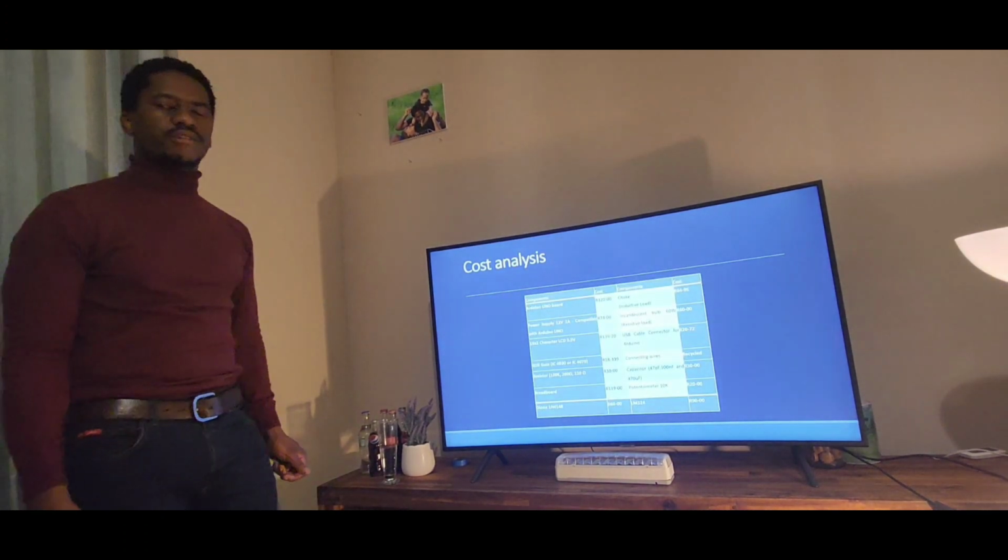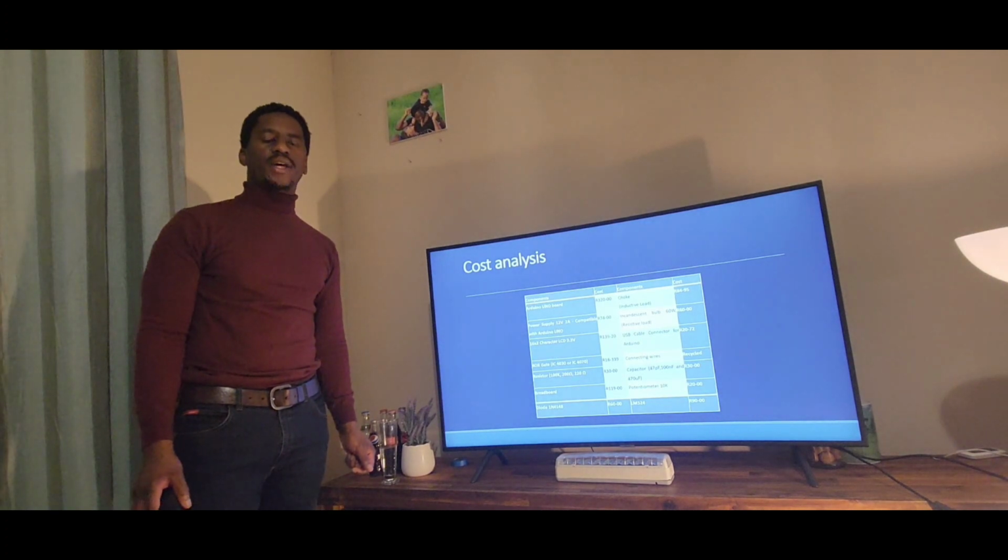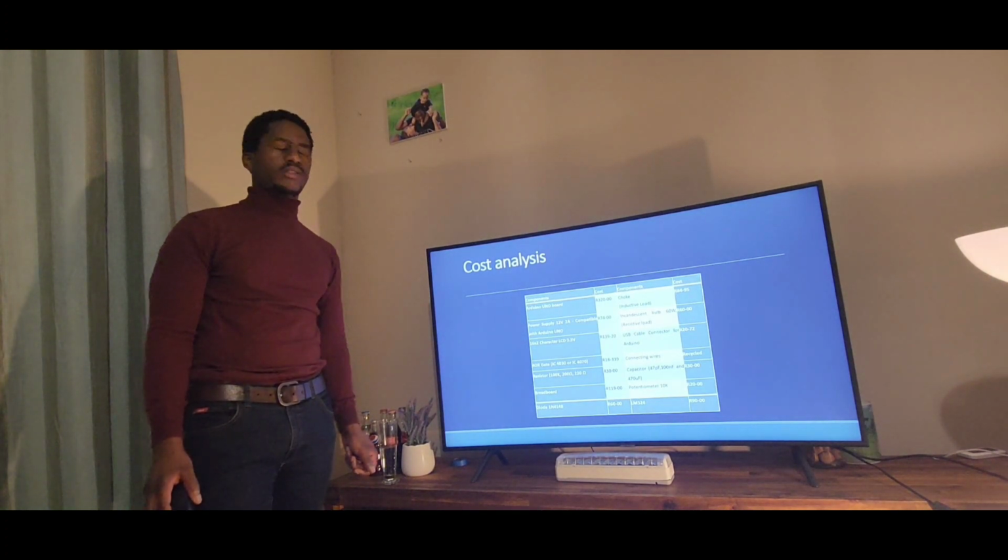The cost analysis of all the components that are involved in the building of the prototype.